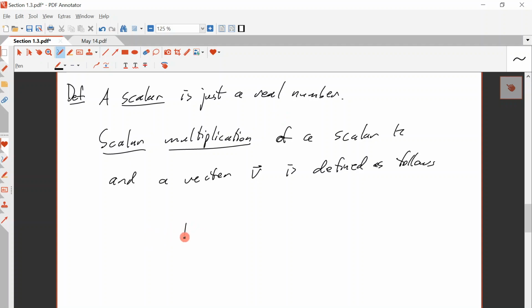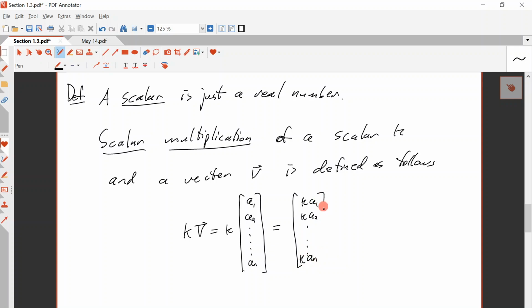You write the scalar on the left and the vector v on the right. So this is k, and then the vector v, a1, a2, up to an. That becomes the vector ka1, ka2, kan, like so.